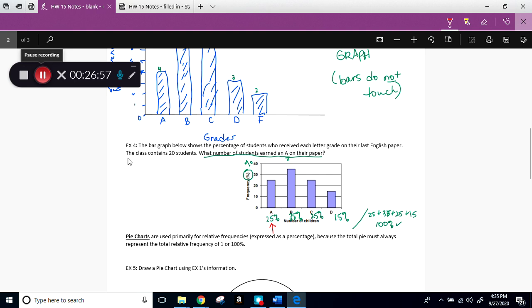I think of it as percent over 100 equals part over whole, but I think when we talked about it, we kind of talked about it backwards than that. So I'm just going to write them both up here. Part over whole equals percent over 100. Okay, so part over whole.